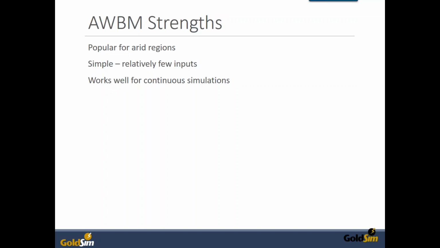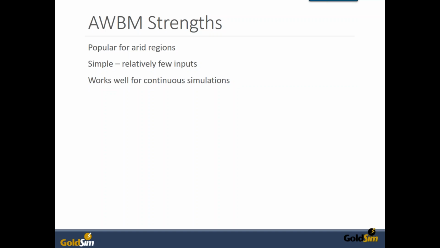Anyway, AWBM is used heavily for arid regions, and works well for that, but it could be applied in other areas as well. That's just where it's been used a lot that I'm aware of. It is one of our most downloaded models from our library, and it's also quite simple to use. There are relatively few inputs for what it's doing, and so that's probably one of the reasons why it's so popular.